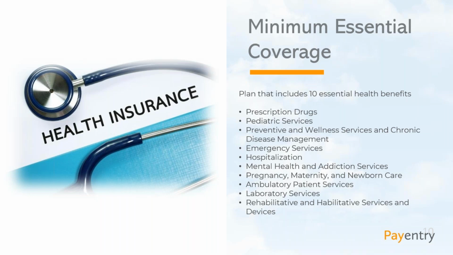But make sure that if you're looking at your health insurance, it does have things like emergency service coverage, hospitalization, prescription drugs, pregnancy and newborn care. We think of those as just being standard benefits, but there are plans out there that are skinny plans, we call them, and they don't have some of these. So that would not be minimum essential coverage. If you're confused about whether or not you have minimum essential coverage, ask the broker that sold it to you. They will know.